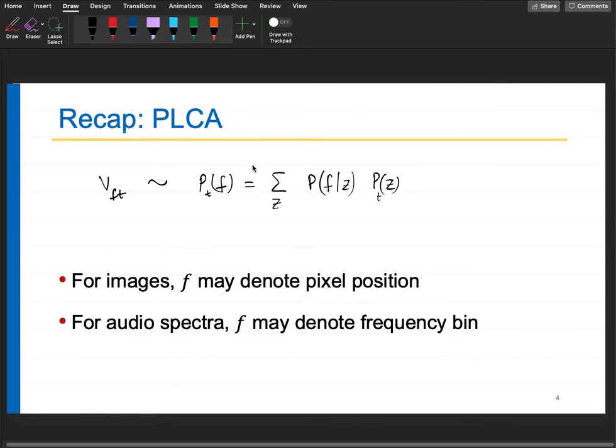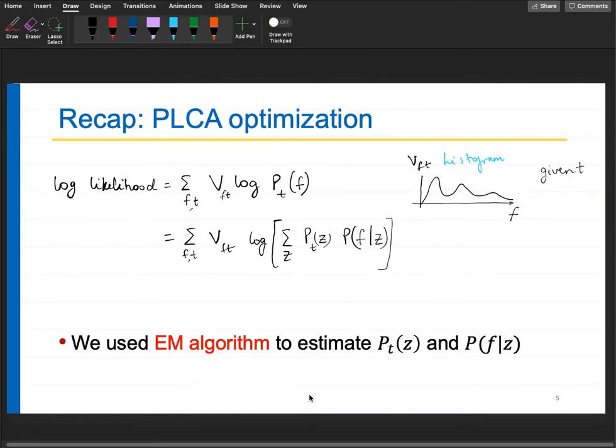And P(T,F) will represent energy in different frequency bins, right? Similarly, in images, what is P(T,F)? P(T,F) represents the grayscale value between 0 to 1, right? A larger value is denoted by P(T,F) close to 1. Okay.